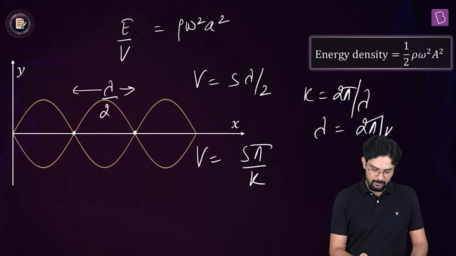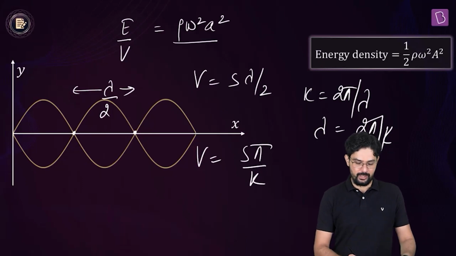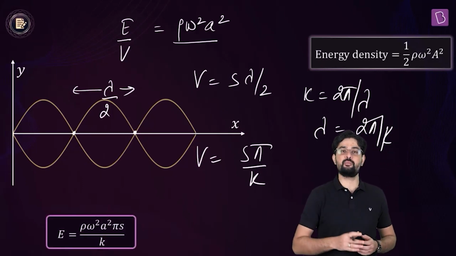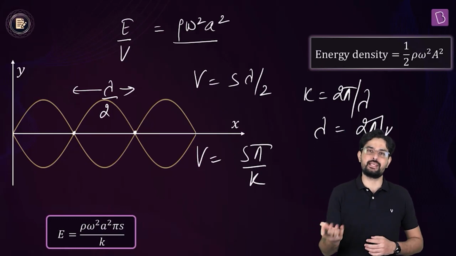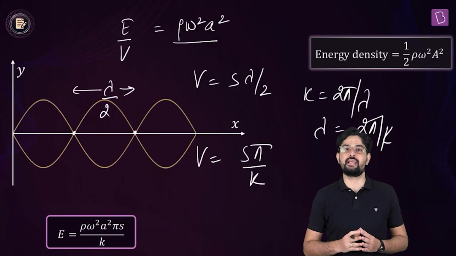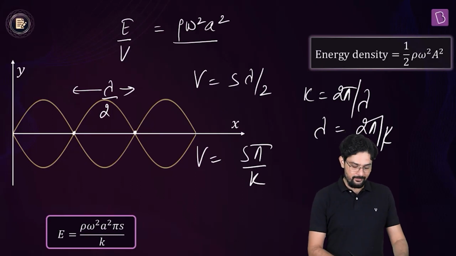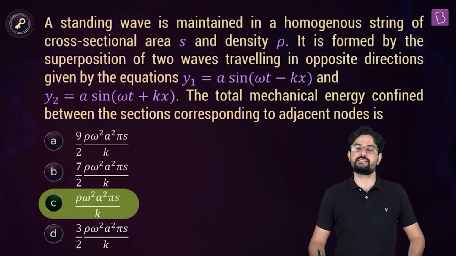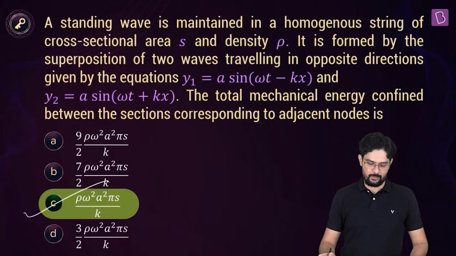And when we multiply this volume with ρω²a², we get ρω²a²πS divided by k. And this is the total mechanical energy in this standing wave between the two adjacent nodes, right? So you can take option C as the right option.